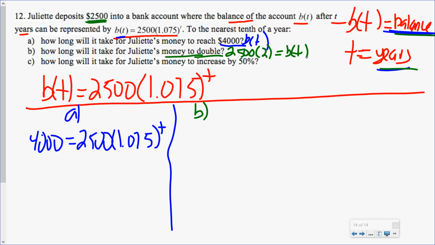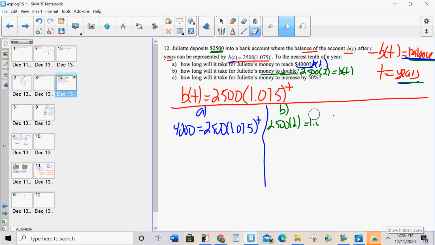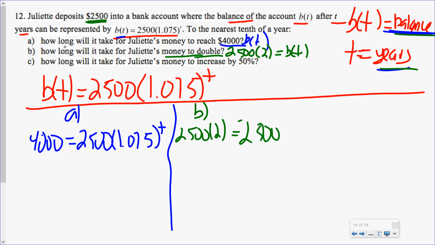So the balance would be 2,500 times 2 equals 2,500 times 1.075 to the power of t.